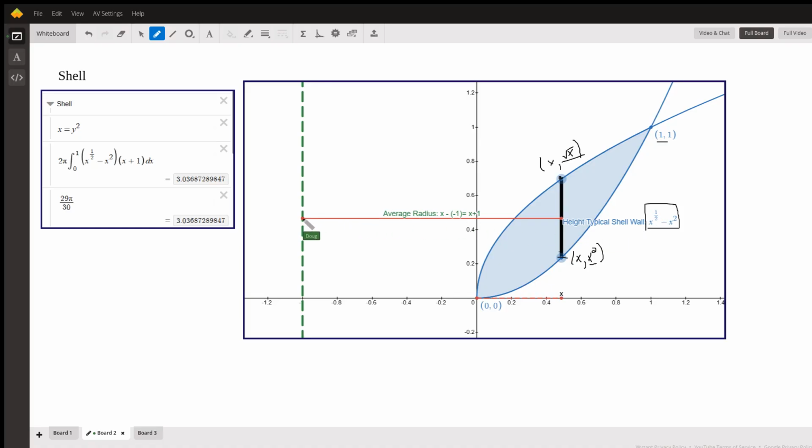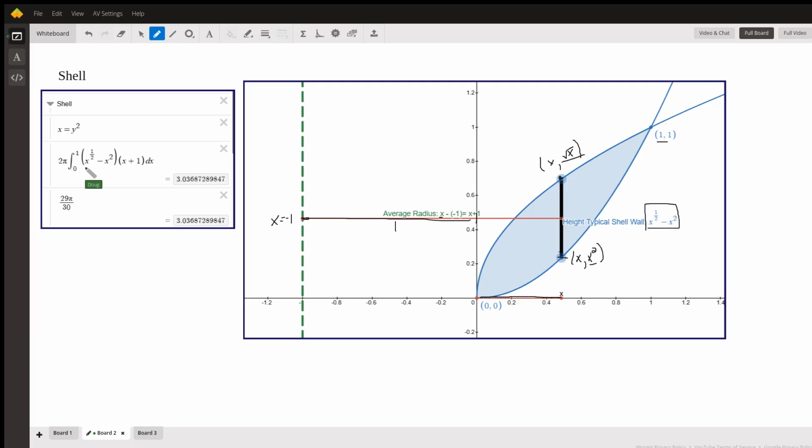And the average radius is the distance from the axis of revolution, which is x equals -1, to the center of the shell. Well, this distance right here is x. So the red segment here is the x coordinate at the right, which is just x, minus the x coordinate at the left, or x plus 1. Or this distance is x, and this distance is 1, is another way to think about it. So x plus 1.